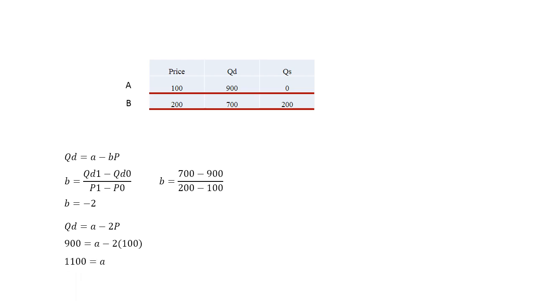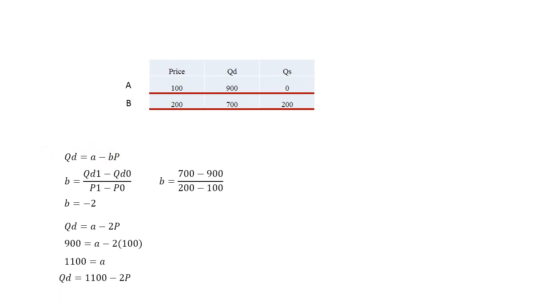Then you will get 1100 for your A. Once you have got A, because you have got B and A already, you just substitute B and A into this formula to get the demand function.